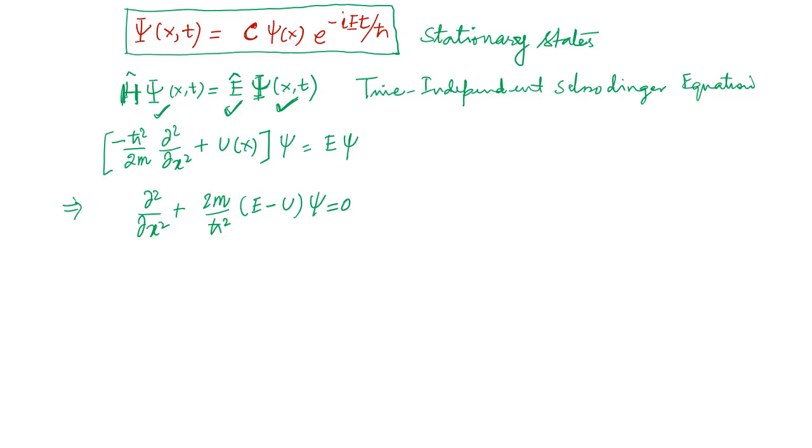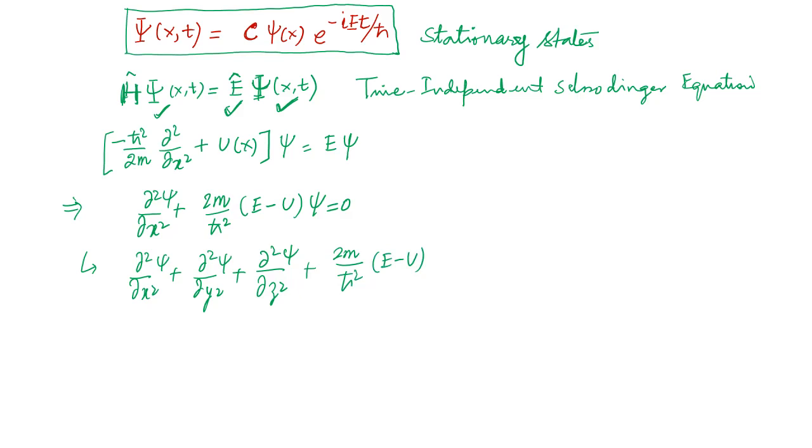This is one dimensional, and if we write it in three dimensions, del square del x square psi plus del square del y square psi plus del square del z square psi plus twice m by H cross square E minus U psi equal to 0.